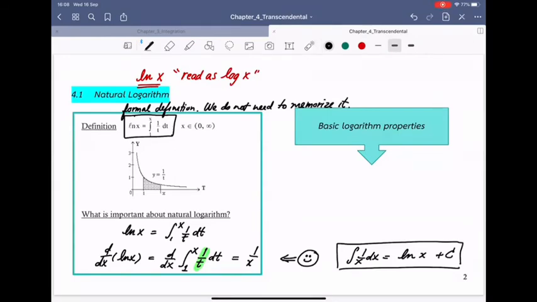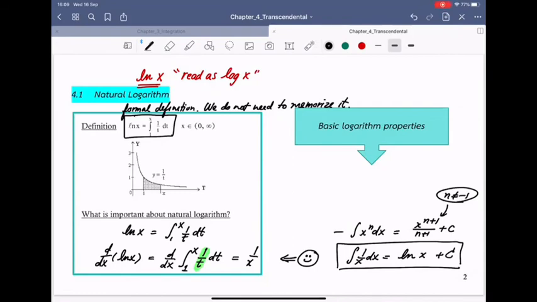This is a new formula and super good, because before, when we learned to integrate x to the n, we said that if you integrate that, you get x to the n plus 1 over n plus 1, plus c. But I said that n cannot be negative 1, because if n equals negative 1, your denominator is 0, and that is undefined in mathematics.